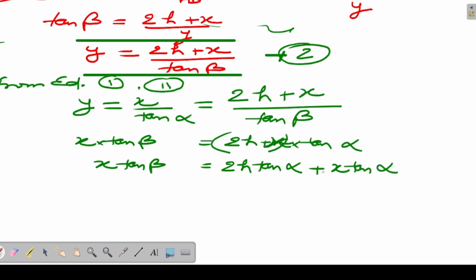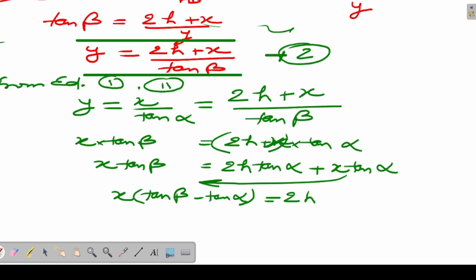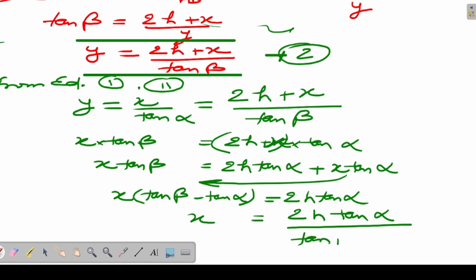Bring x to one side, from RHS to LHS, putting x common, we get x times tan beta minus tan alpha, right, equal to h tan alpha. From here we get the value of x as h tan alpha by tan beta minus tan alpha.